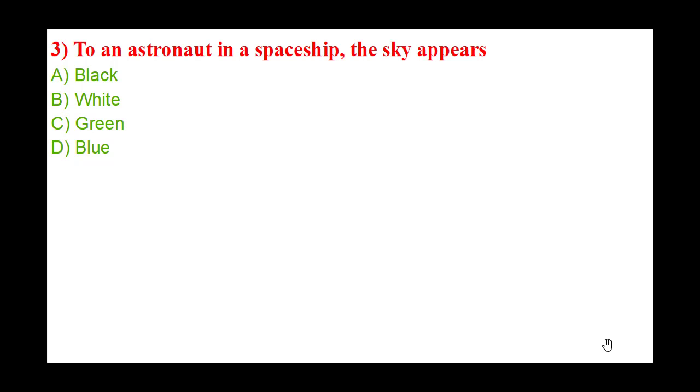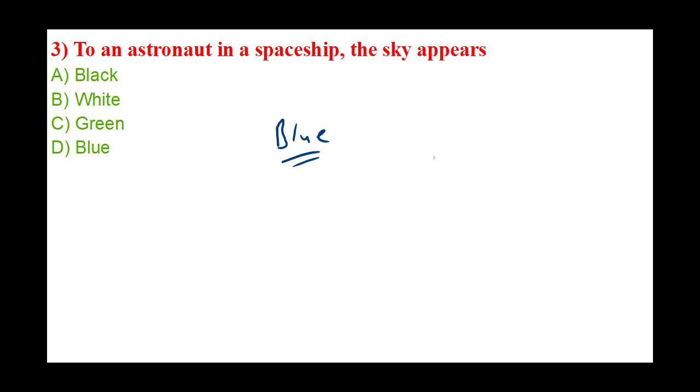So next is question number 3. To an astronaut in a spaceship, the sky appears black, white, green or blue. Now see, to a person on Earth, I am not talking about the astronaut, to a person on Earth the sky appears to be blue. Now why does it appear to be blue?